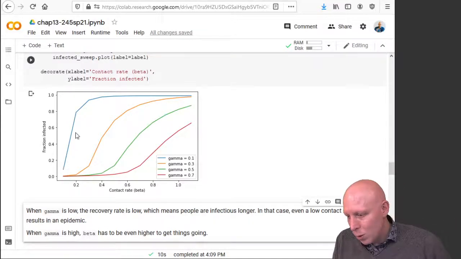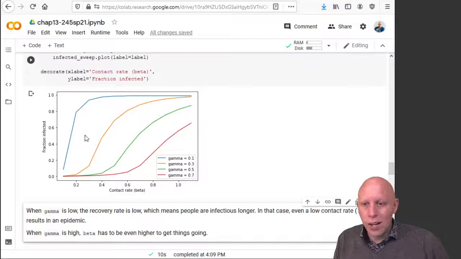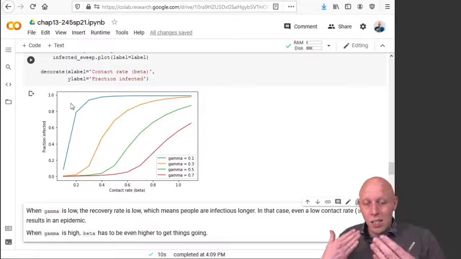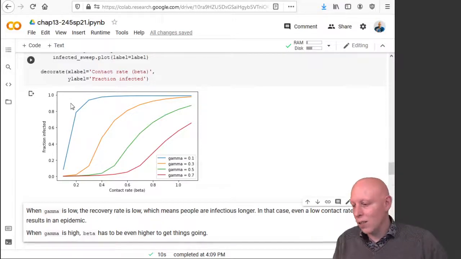So this blue curve represents the fact that it takes a very long time to get better. And so if it takes a very long time to get better, and it's very likely that you pass the disease on to somebody else when a susceptible person and an infected person get together, then it's very likely that the whole population will get sick.